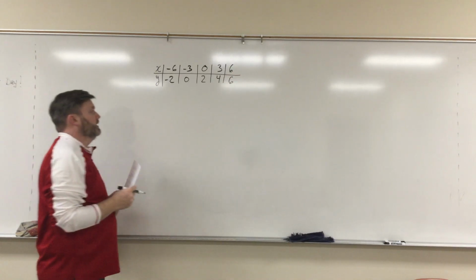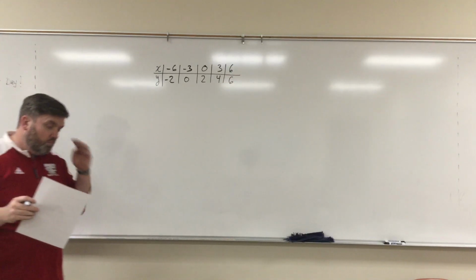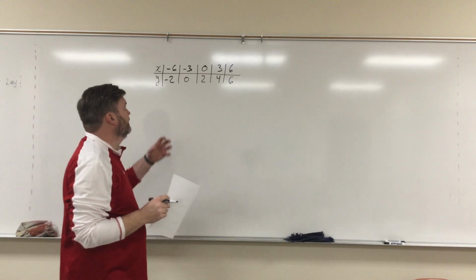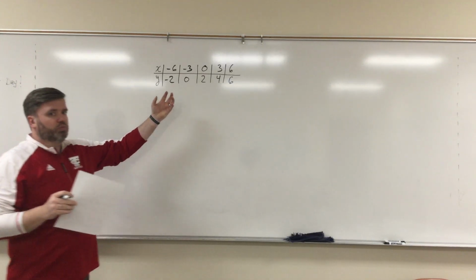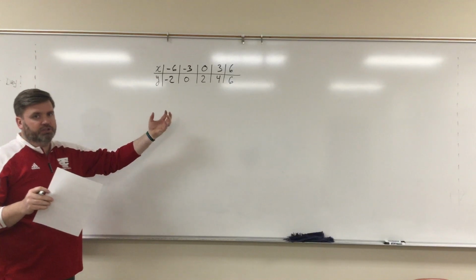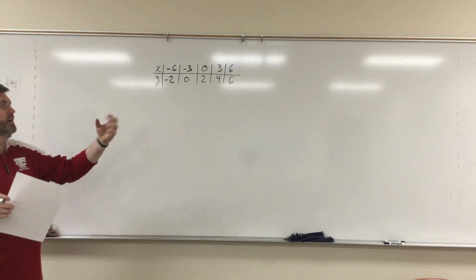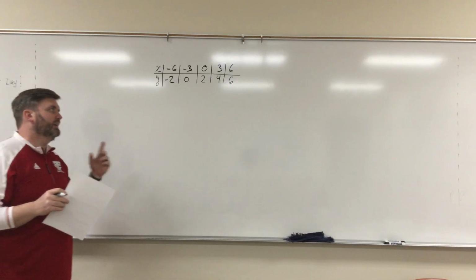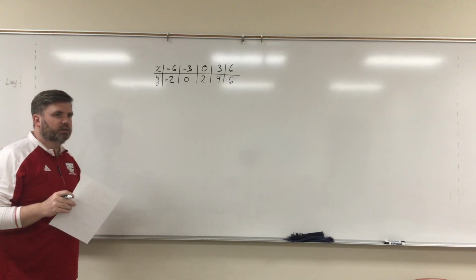Well, today you're going to be given a table and you're going to try to determine, does this table represent something that is a linear equation? And if it does, what is the equation of that line?